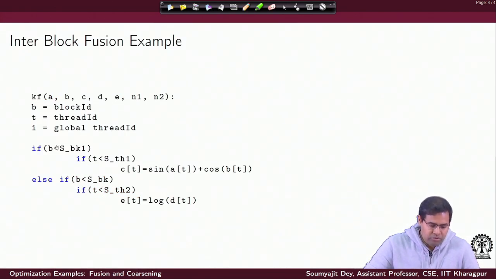So, first you check whether the block ID is less than SBK1. If so, then you get inside and check whether inside this block you have some activity for kernel 1 or not, by checking whether the local thread ID is less than STH1. Then you execute this code. Do I have an example where this will not execute? Yes.